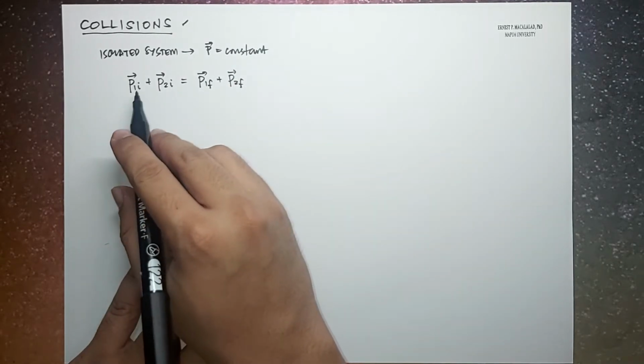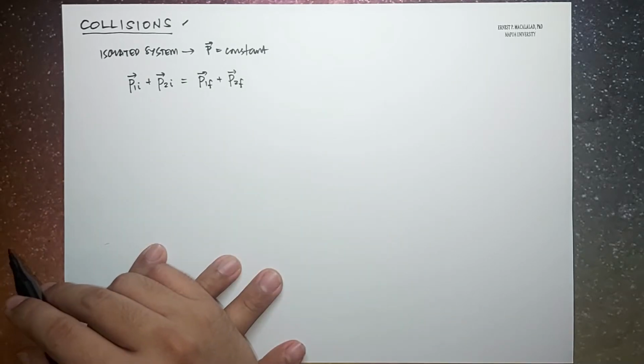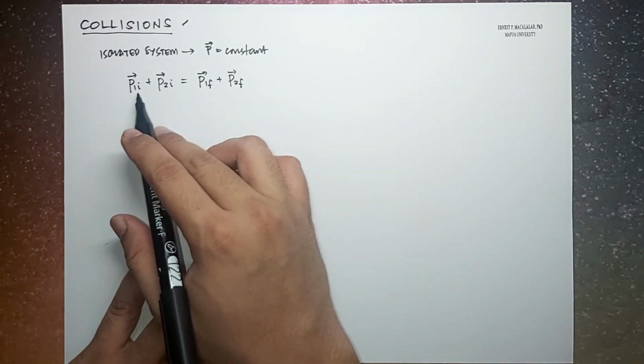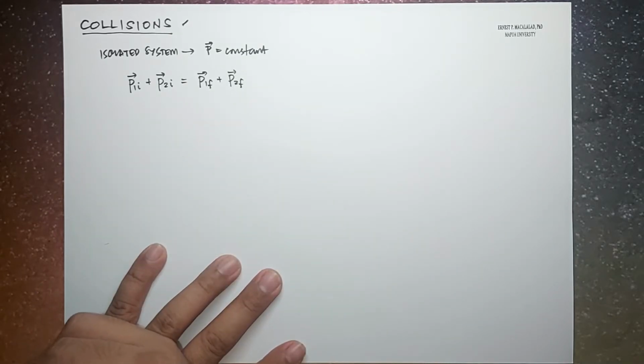So in here the subscripts I and F indicate that this is the initial, or before collision, and F would be final.